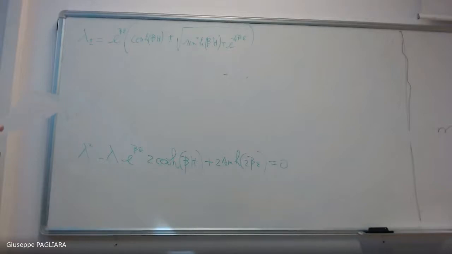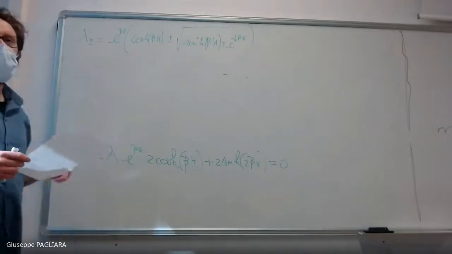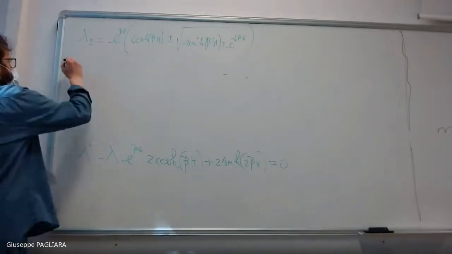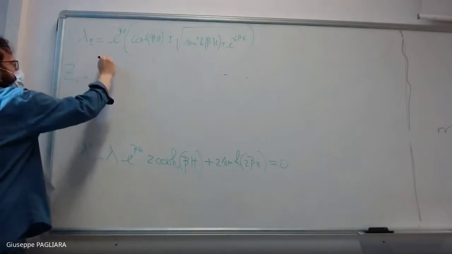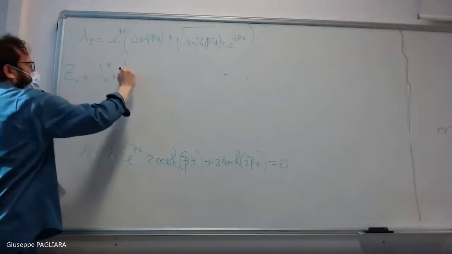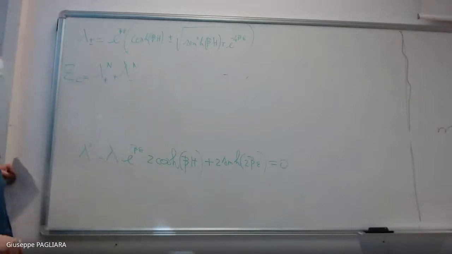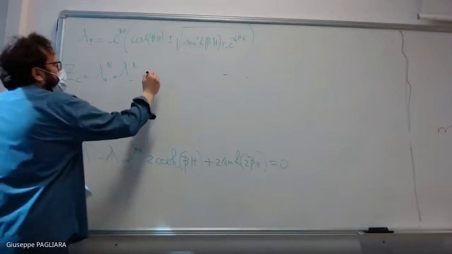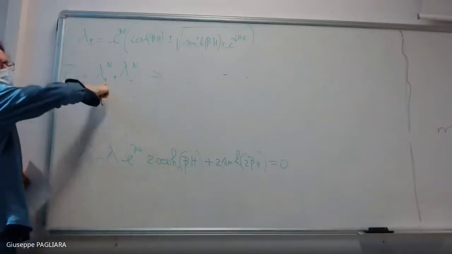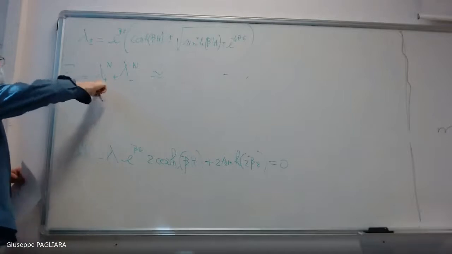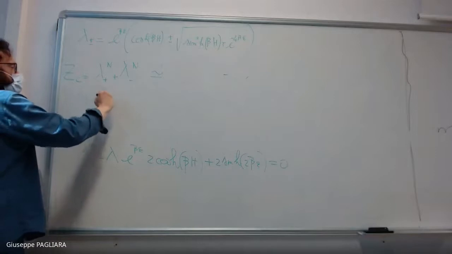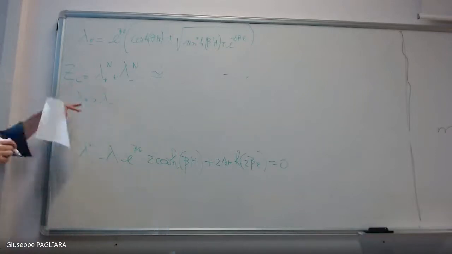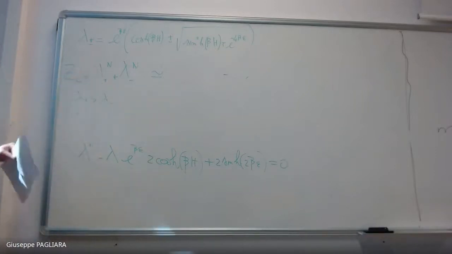Okay, good. Now, among these two eigenvalues, one is with the plus and the other one is with the minus. And consider that Z_c is lambda plus to the power of n plus lambda minus to the power of n. Since n is a very large number, basically, I just need to take the eigenvalue with the plus, because this is larger. So lambda plus is larger than lambda minus, and if I raise it to the power of n, it's much larger.